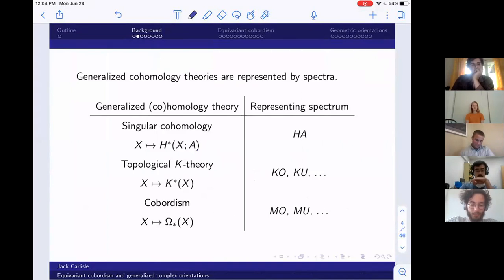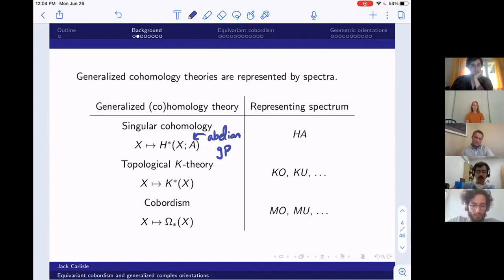So maybe the first example that we ever encounter is singular cohomology. If we want these things to be called generalized cohomology theories, then ordinary cohomology better be an example of one of them. Here we can take as our coefficient any abelian group, and we just assign to our topological space X the singular cohomology of X. The important thing about modern stable homotopy theory is that these generalized cohomology theories are essentially in one-to-one correspondence with homotopical objects called spectra.